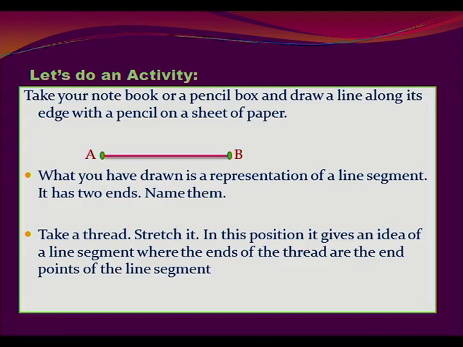What you have drawn is a representation of a line segment. It has two ends. We have to name them: one end is point A, another end is point B. You can take a thread and stretch it. In this position, it gives an idea of a line segment, where the ends of the thread are the end points of the line segment.